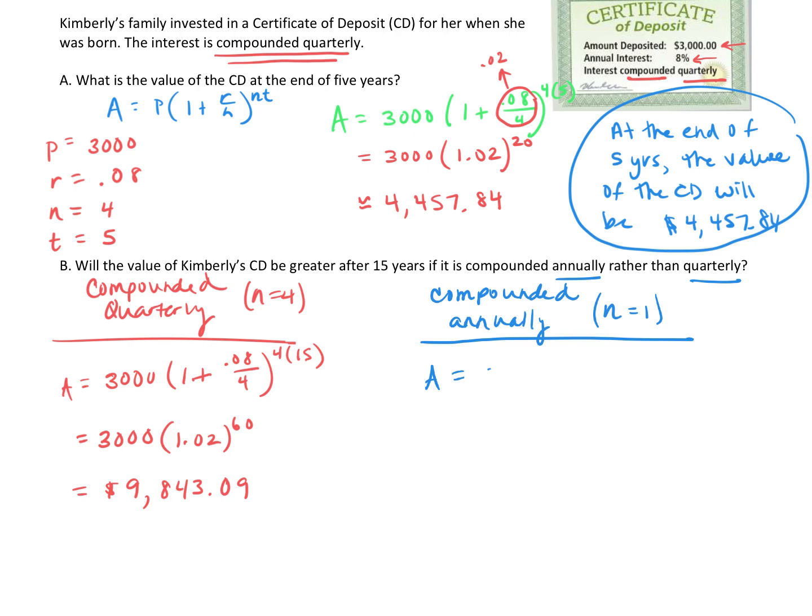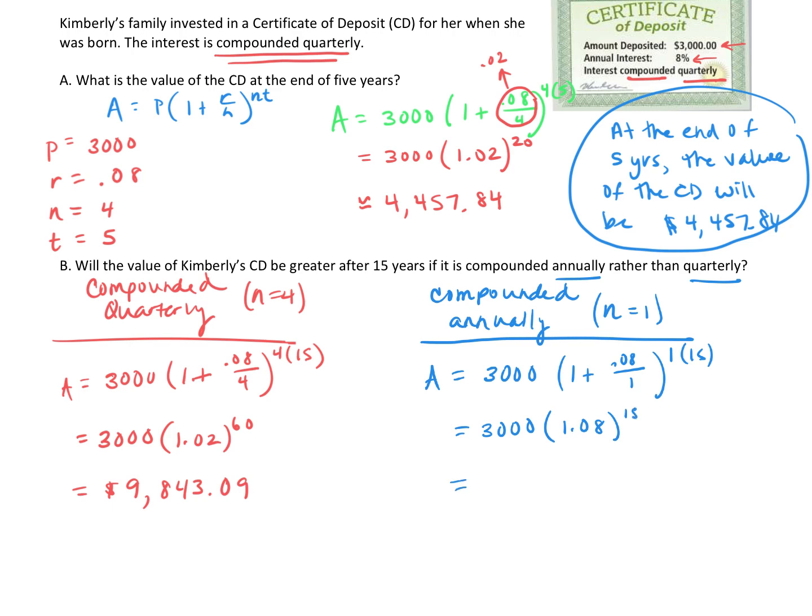All right, so A equals, it's still a principal of 3,000 times 1 plus, it is still 8%. But now we're dividing by 1, and then we're taking 1 times our 15 years. So 3,000 times 0.08 divided by 1 is just 0.08, plus the 1 is 1.08 raised to the 15th power.